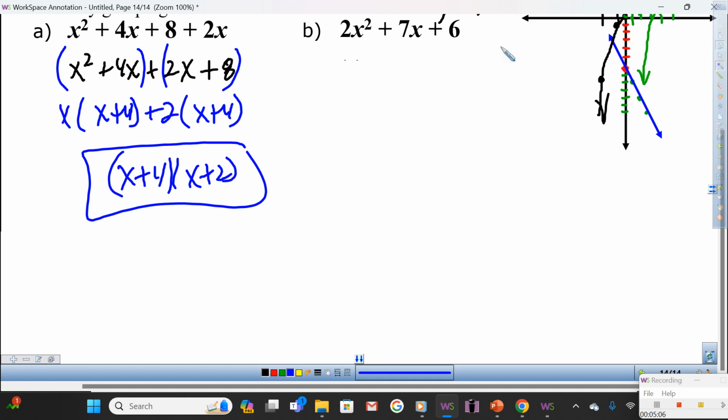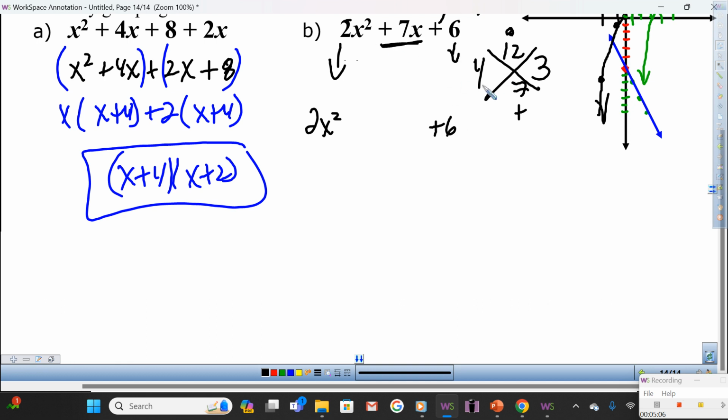Go to number 3B. Standard form, yes. GCF, no. 2 times 6 is 12. 7 goes underneath. Factors of 12 that add up to 7. Courtney Jean says 4 and 3. That is correct. So I bring down my first term, bring down my last term, and then instead of 7, I'm going to write 4 and 3. 4x, 3x.